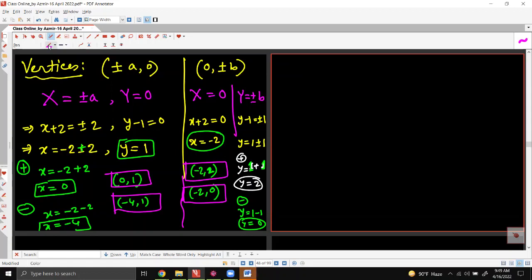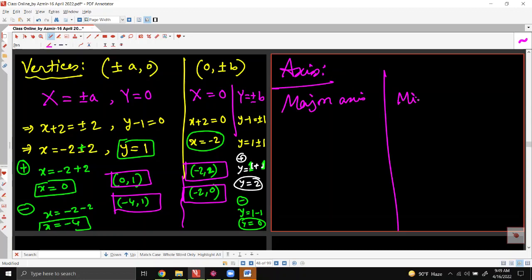And now let us find the axis. So we have the major axis. We have also the minor axis. Major axis is just x-axis, minor axis is y-axis.